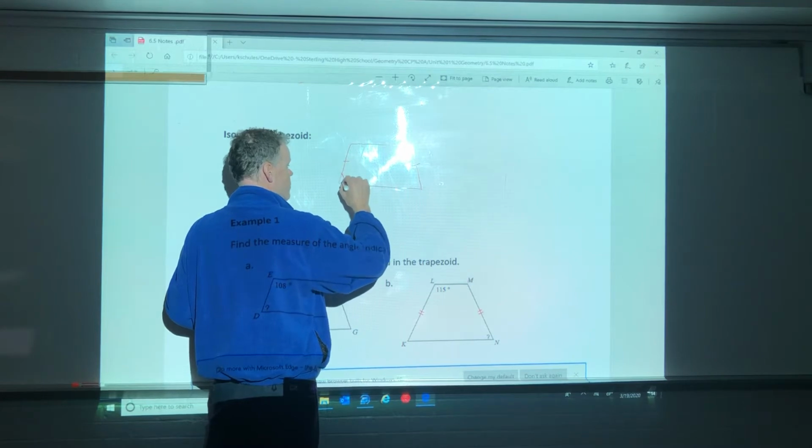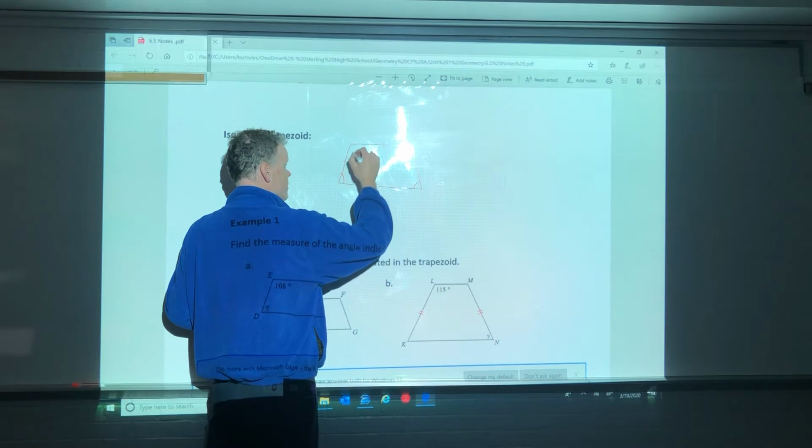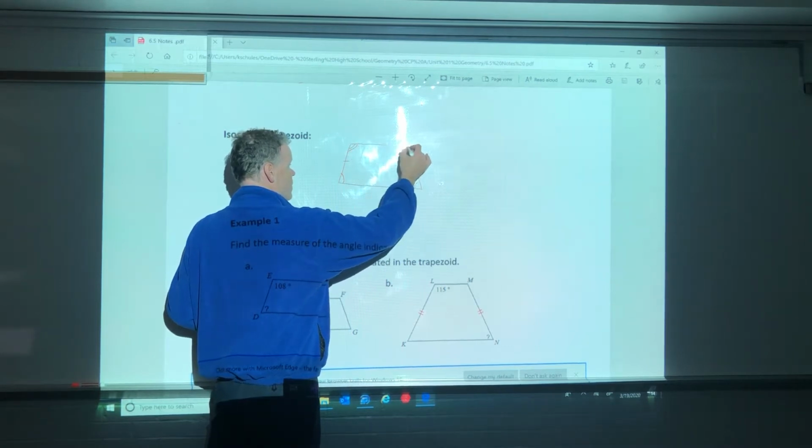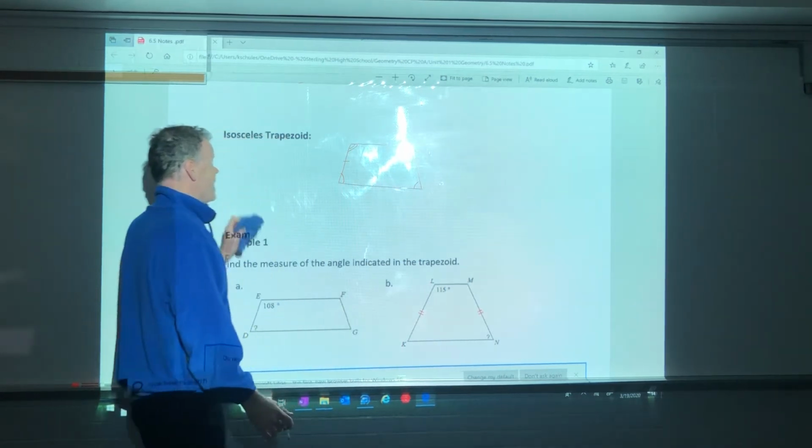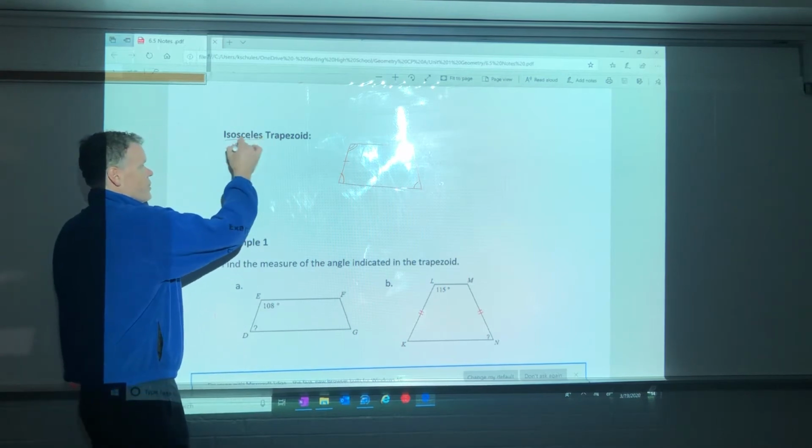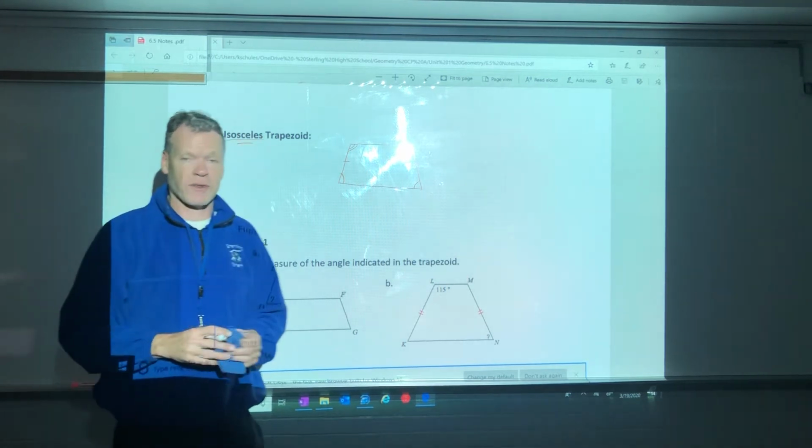Your base angles are going to be congruent. You've got base angles at the bottom, and you have them up here. This is unique to an isosceles trapezoid.